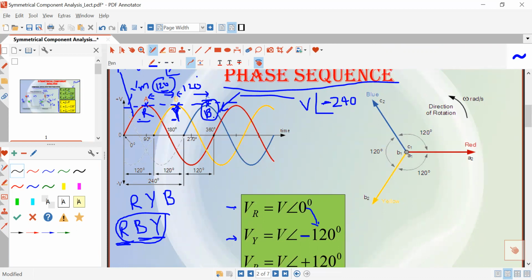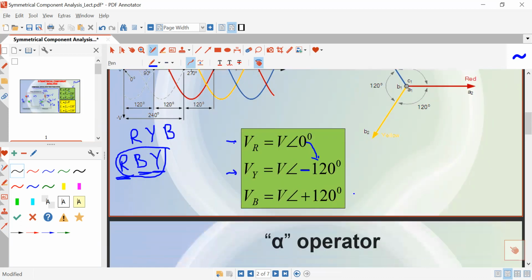So VB will lag R by an angle of 240 degrees. So this is V angle minus 240. In the previous lecture, I discussed why it is written plus 120. I am discussing it again.